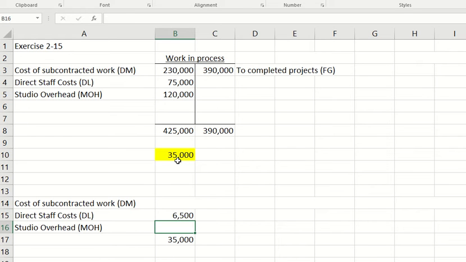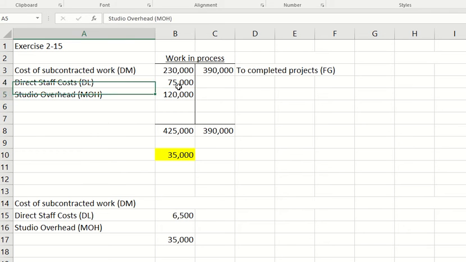A lot of companies will allocate their manufacturing overhead based on direct labor costs or direct labor hours. So we have some insight on this relationship between direct labor and manufacturing overhead. We will need to compute a predetermined overhead rate that was used for January.